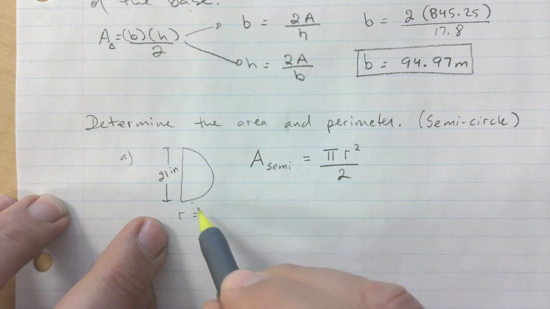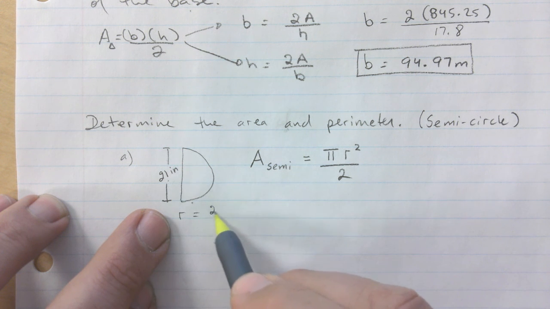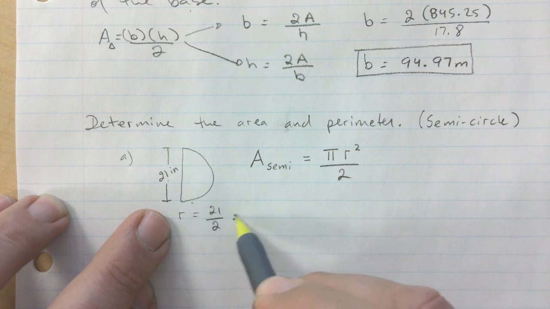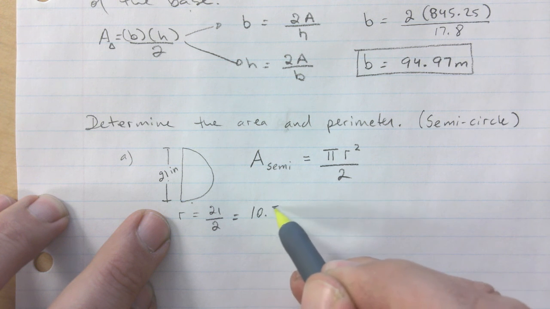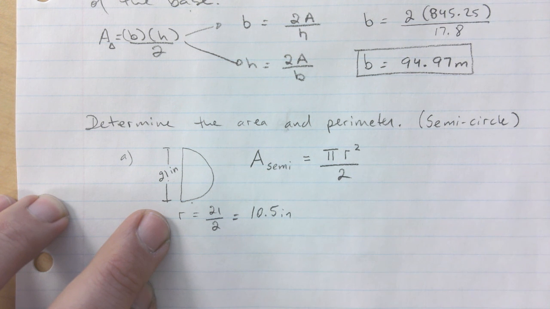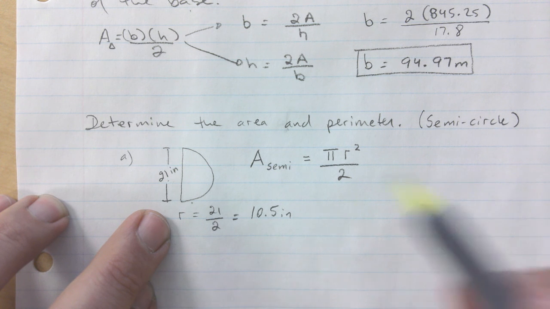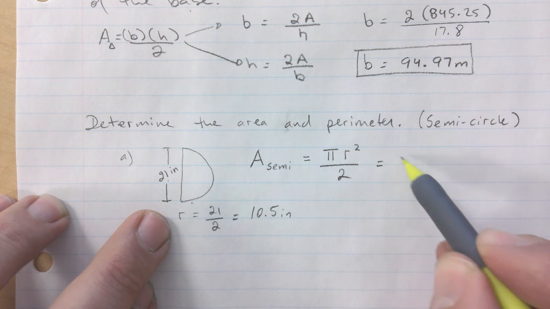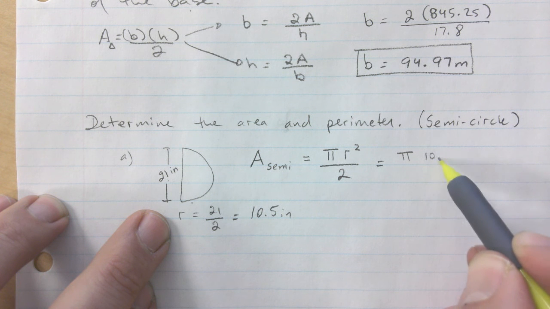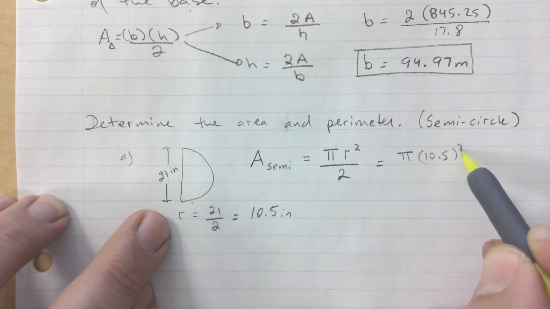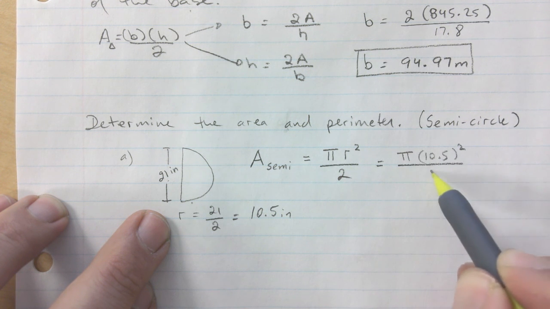The radius from this shape is 21 divided by 2. That's 10.5 inches. So we're going to use that in here. So it's pi 10.5 squared divided by 2.